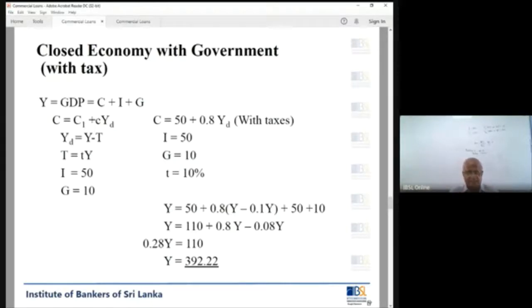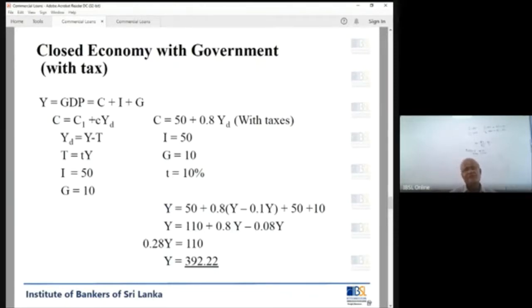Otherwise, you might ask, what happened when government is there? GDP has gone down to 392 because of government taxes. Yes, that's true. But if the government, out of their tax revenue, increases the economy's productive capacity and investment level, that generates more income, then the economy benefits. Understand? This justifies the government taxes.